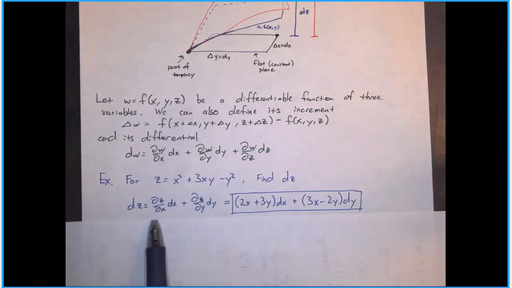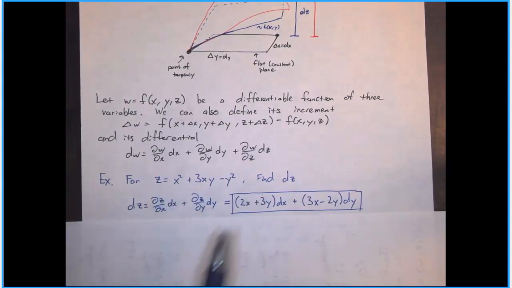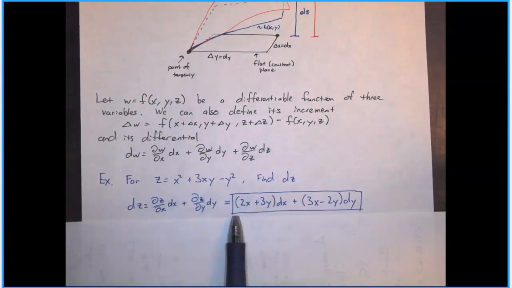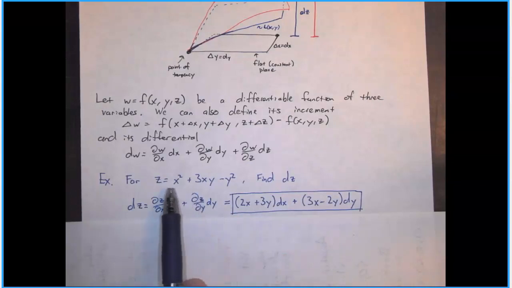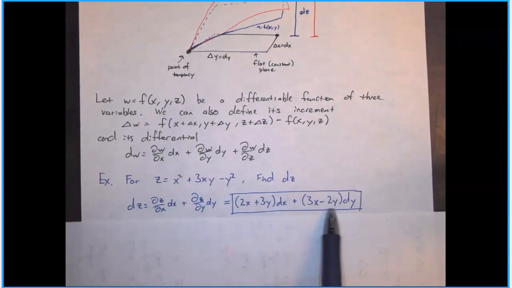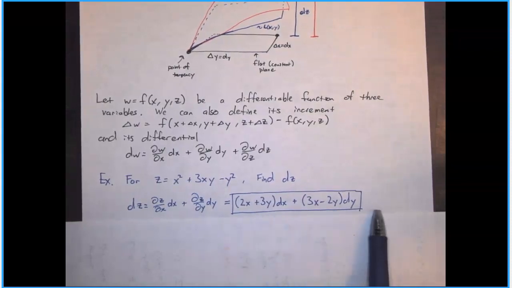So I just need to calculate these 2 partial derivatives and I'm finished. So if I go up here, the partial derivative with respect to x, I get 2x plus 3y. That's what I have here. The partial derivative with respect to y, I get 3x minus 2y. And that's what I have here. And I'm finished. That's the differential.